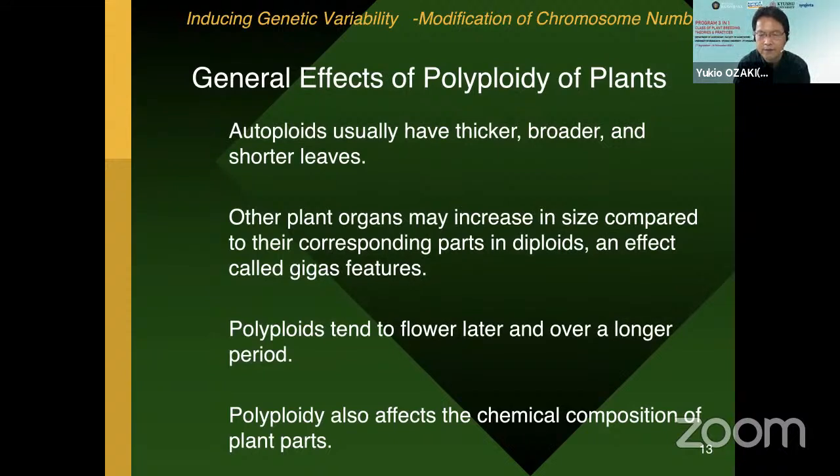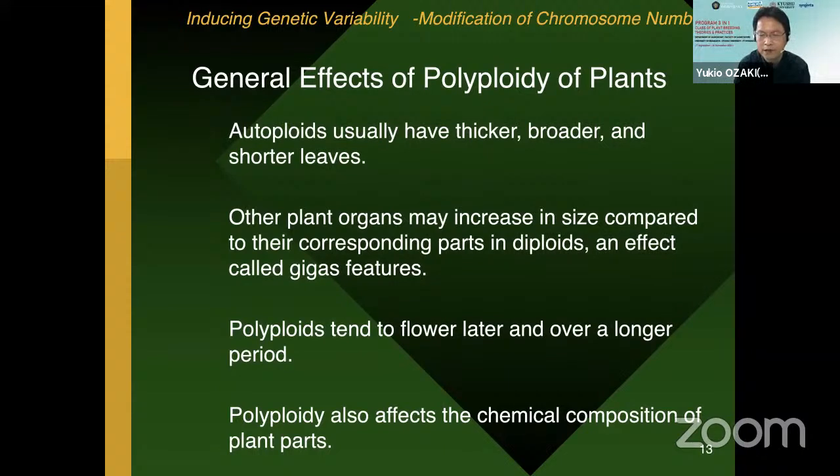Similarly, the vitamin C content of vegetables and fruits has been known to increase following chromosome doubling. The nicotine content of tetraploid tobacco is about 80% higher than in diploid species.